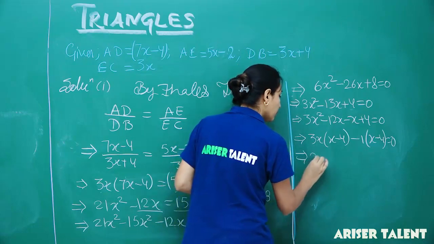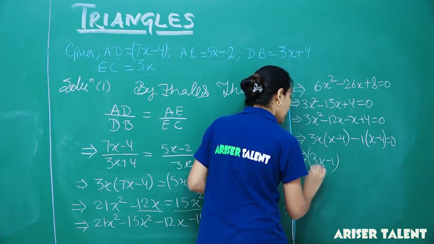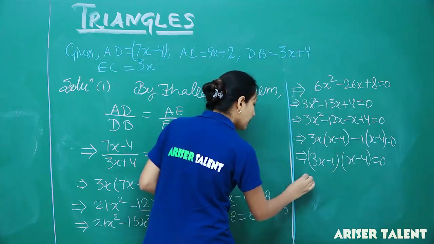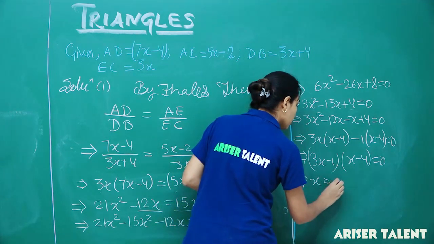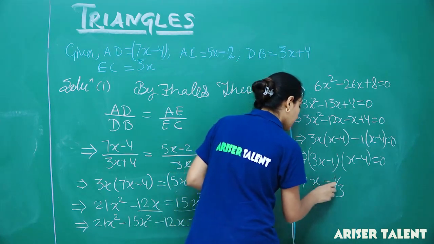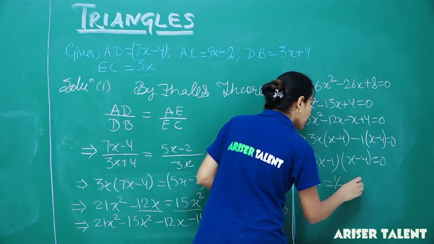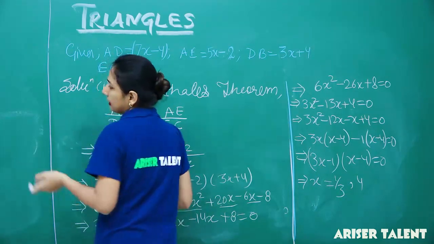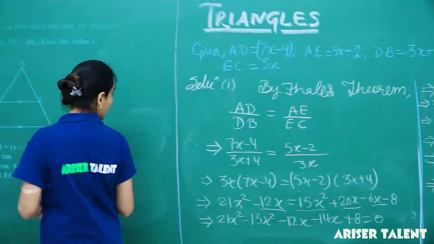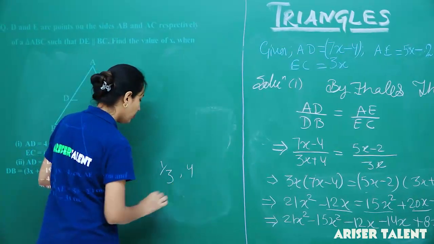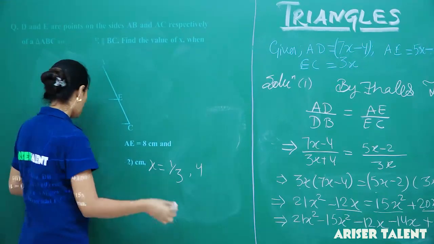Now this will give you 3x minus 1 and x minus 4 equals to 0. So ultimately you will get x equals to 1 by 3 and 4. Okay. So in the second question you will be having the answer as 1 by 3 and 4, the value of x which has been asked.